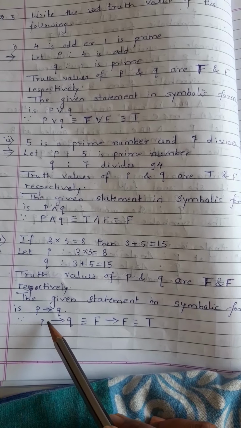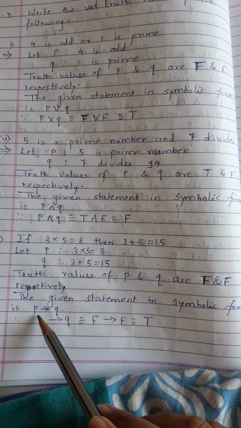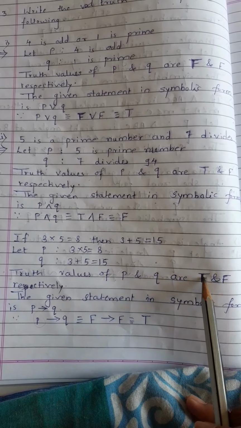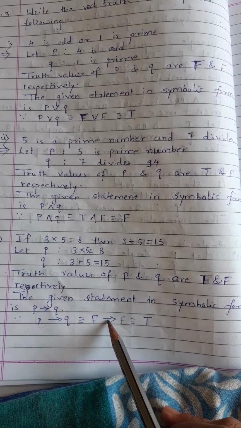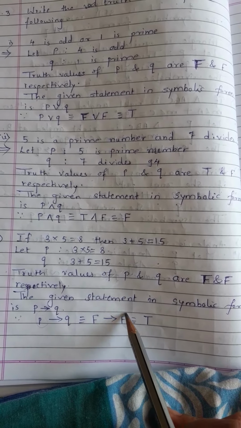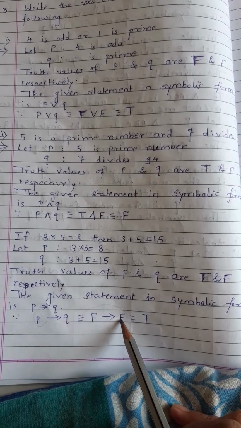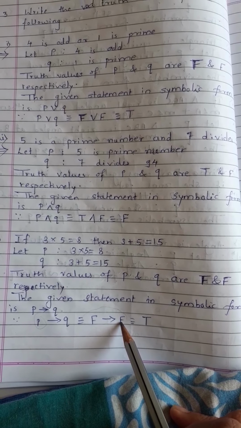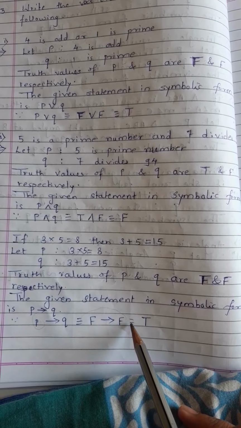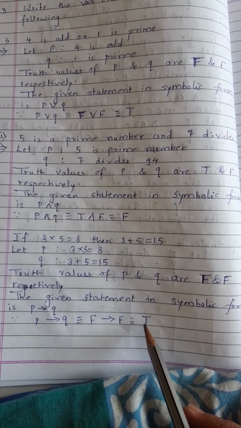We know that the truth value of P is F, so F implies F, and from the truth table of implication or conditional, its truth value is T.